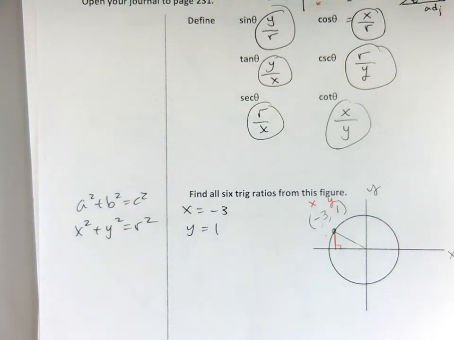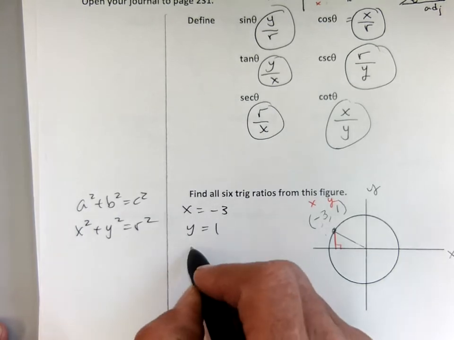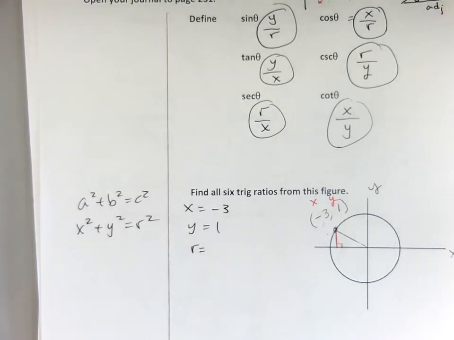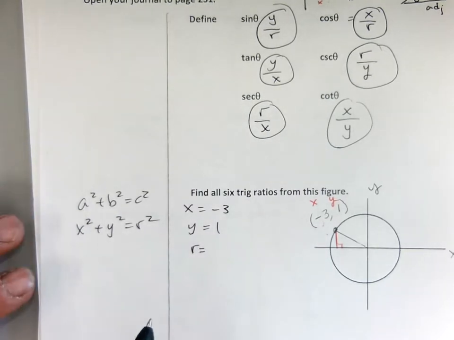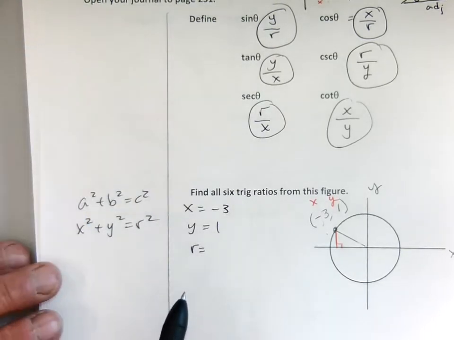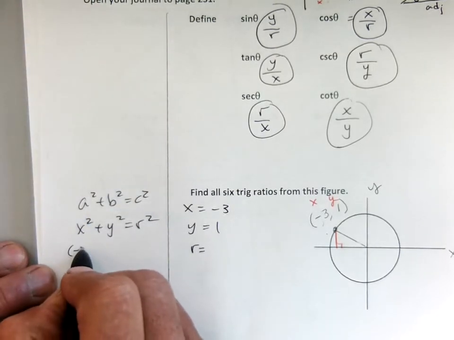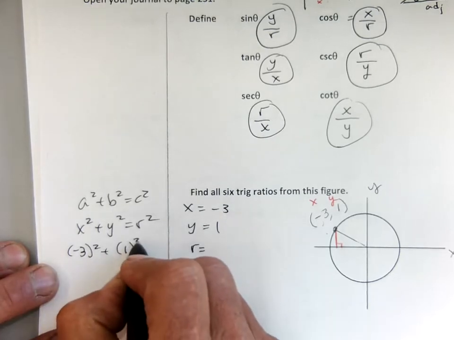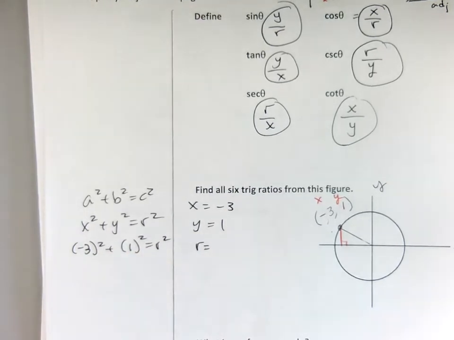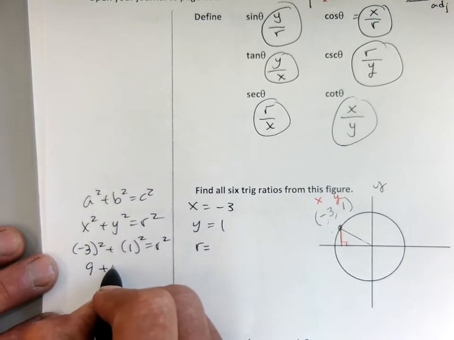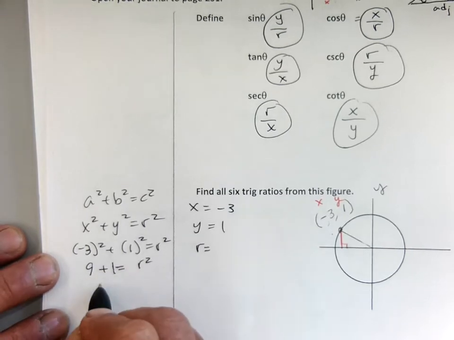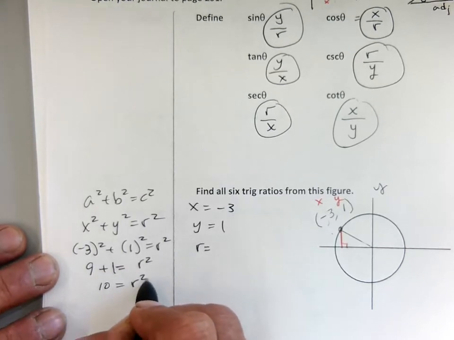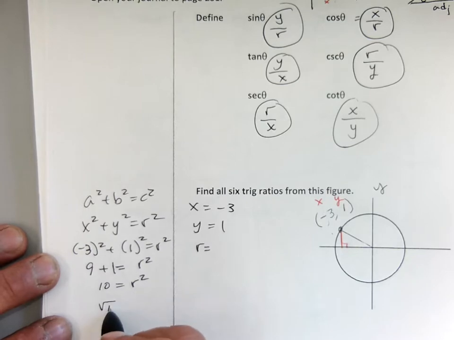I need to find the radius in this example, so I've got my x value, -3 squared, plus my y value, 1 squared, equals r squared. Then I'm just going to solve for r. That's 9 plus 1 equals r squared, or 10 equals r squared, or r is the square root of 10.